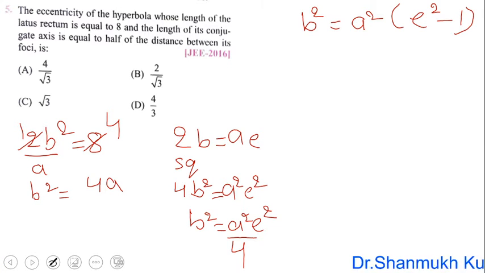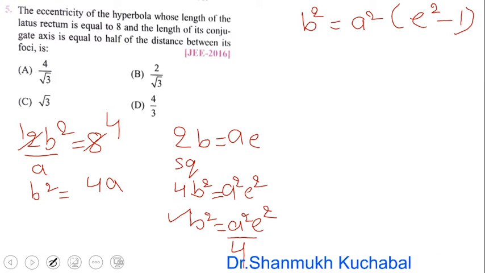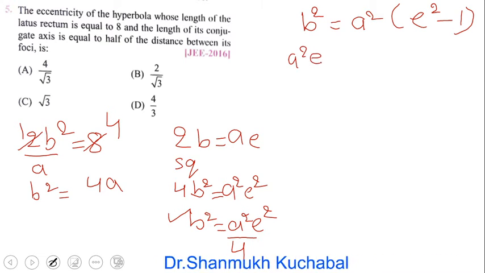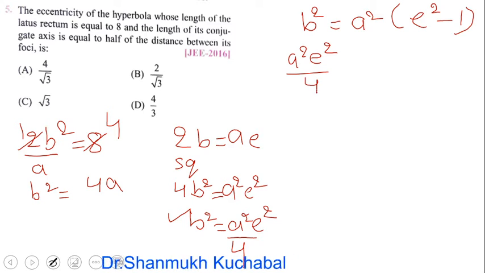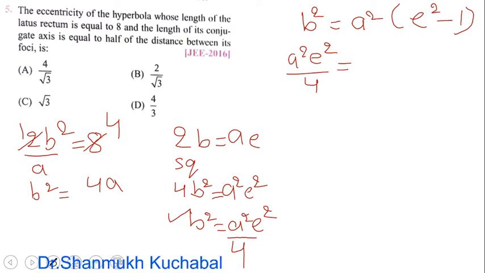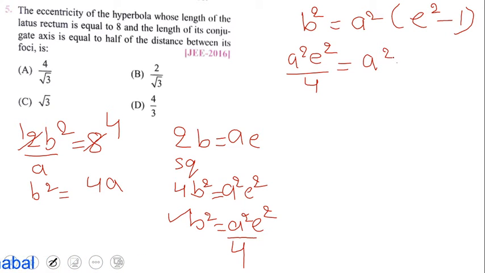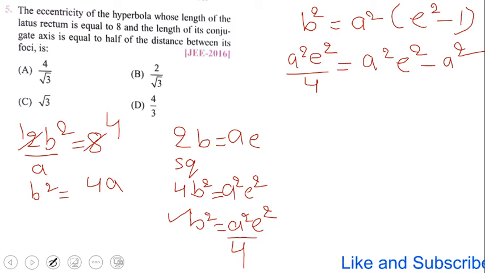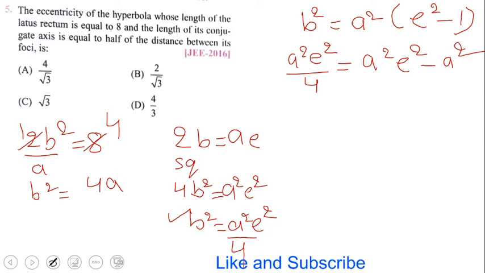I am going to take the second equation's b square solution, a square e square divided by 4, equal to a square into bracket e square minus 1, so we get a square e square minus a square. You might have understood why we used b square as a square e square: because a square e square appears, simplification will be very easy.